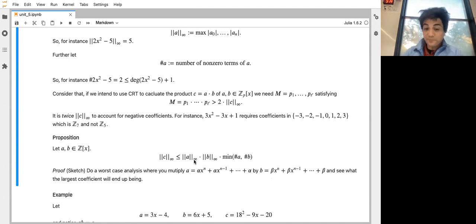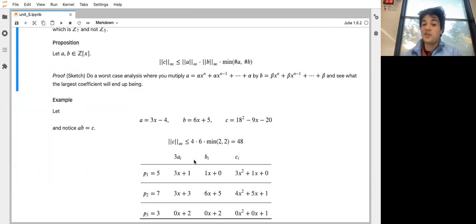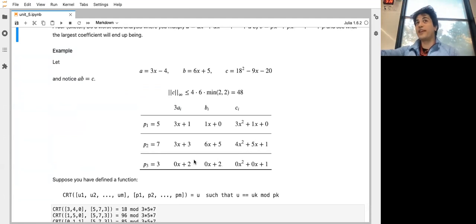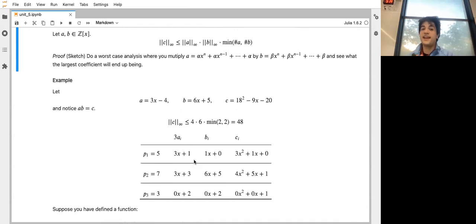Okay, so I put an example here where I've actually told you what you should get at every step of your algorithm, so this is a great example for debugging your code. This is the idea: we want to generate this product.